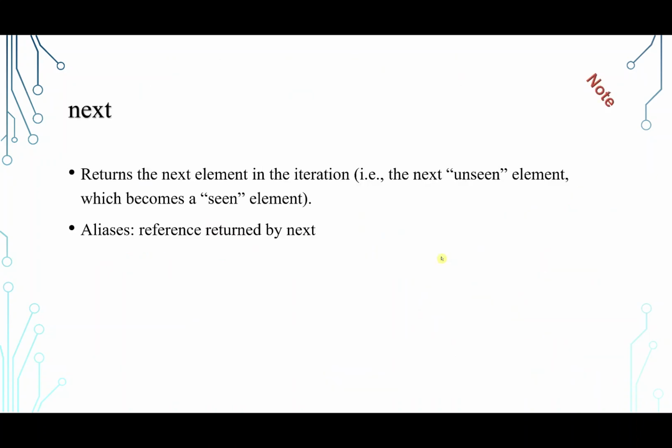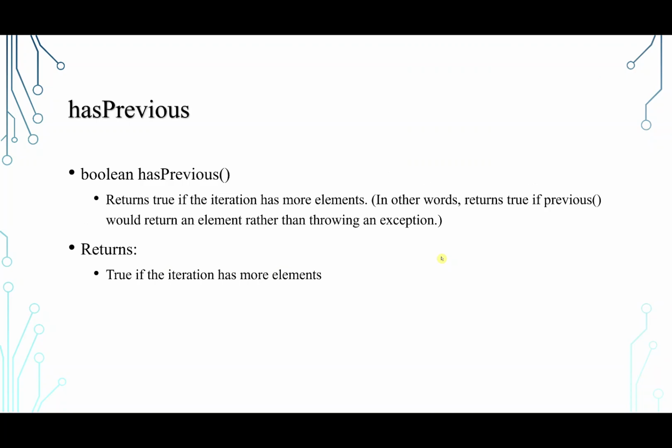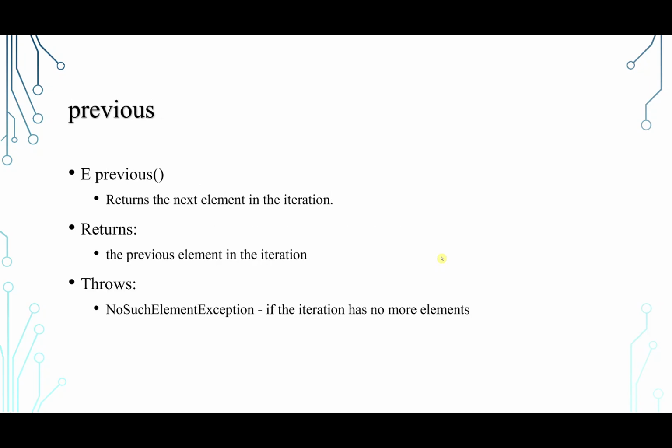This is the next. So again, next returns the next element in the iteration, for example the next unseen element, which becomes a seen element after you use next. So hasPrevious also returns a boolean, as we have seen. If it points to null, it's going to be false. Otherwise, it's going to be true. So previous is doing the opposite of next.